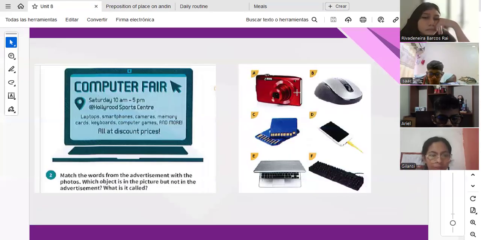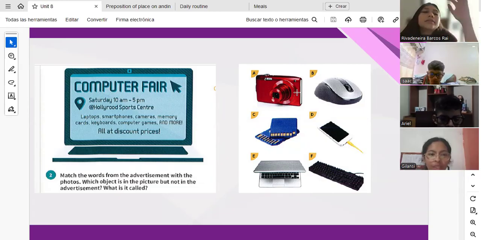So let's check. Match the words from the advertisement with the photos. Which object is in the picture but not in the advertisement? So guys, do you know what an advertisement is? Like a publicity, a propaganda. Okay.